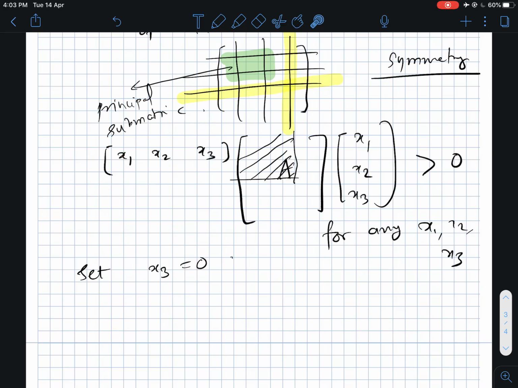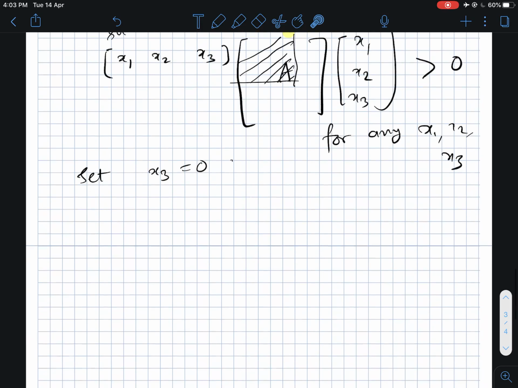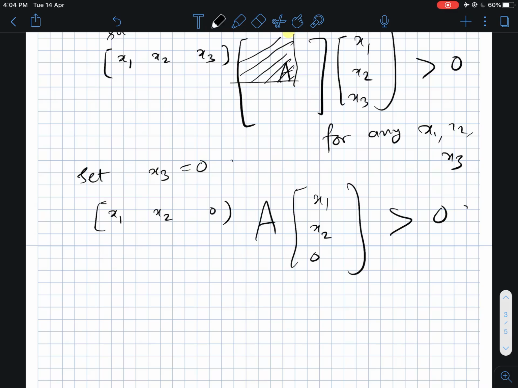This must be bigger than 0. In particular, if I just set x3 to 0, then whatever inequality I get in terms of x1 and x2 must also be true. So if I set x3 to 0, I get x1, x2, 0 times the 3 cross 3 matrix A times x1, x2, 0 bigger than 0. That's what you will get.